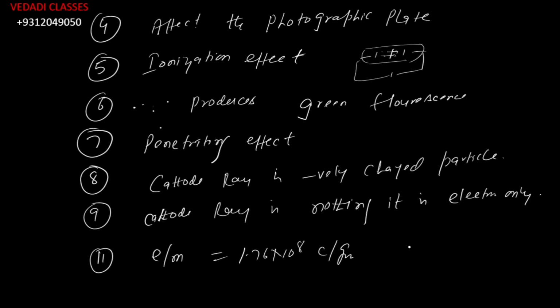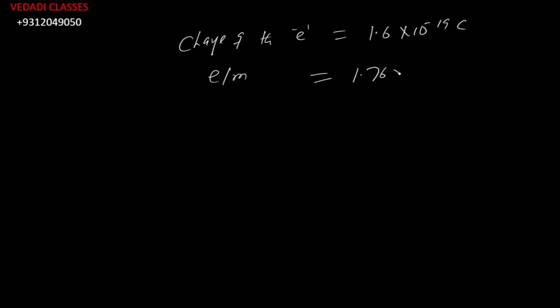Now if you want to find the mass of the electron, the mass of the electron will be the charge of the electron divided by the charge by mass ratio of the electron. The charge of the electron is 1.6 × 10^-19 coulomb, and e/m for the electron is observed as 1.76 × 10^8 coulomb per gram.